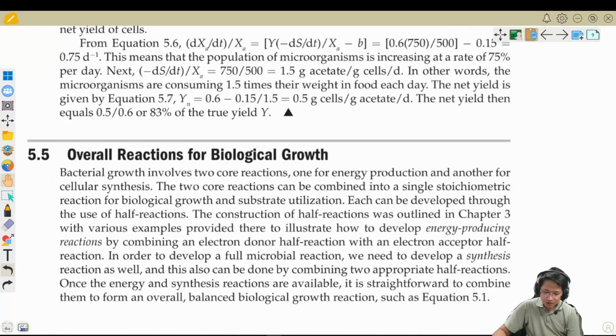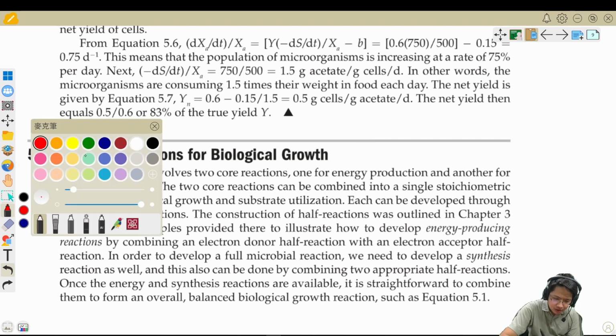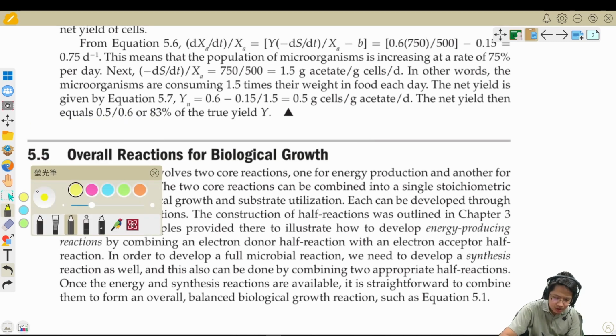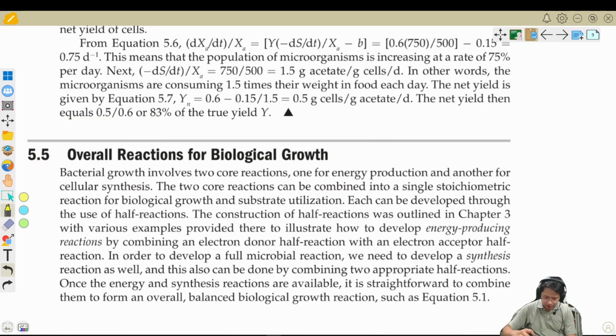Okay, so for section 5.5 here, as we just mentioned, bacterial growth involves two core reactions. One is for energy production and another one is for cellular synthesis.